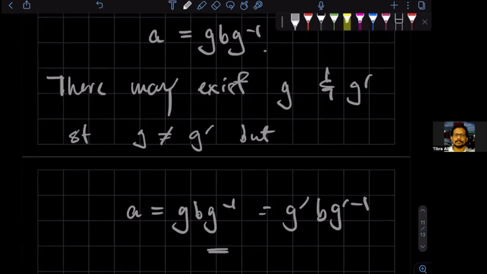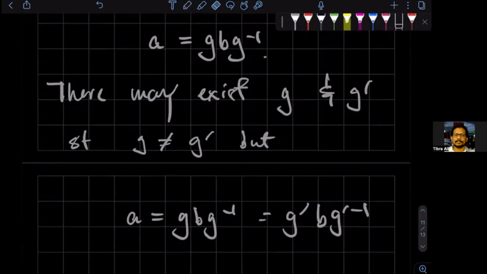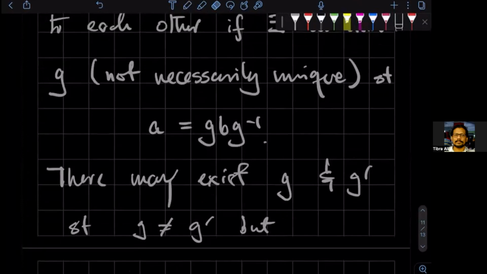Okay, so that's possible, but the main thing is that if two elements are related by this relationship, they are called conjugate elements. Okay?